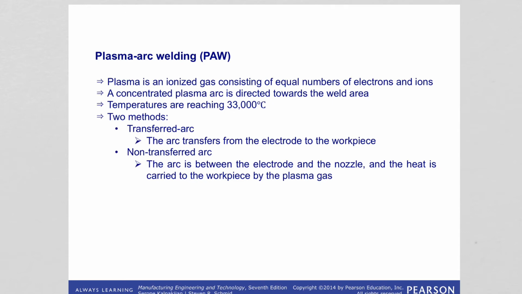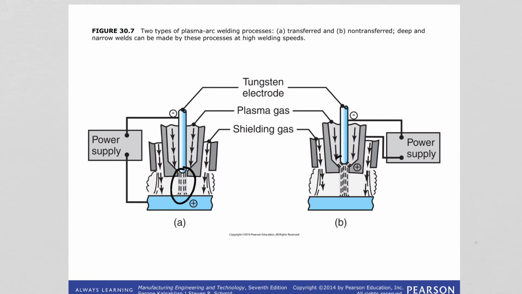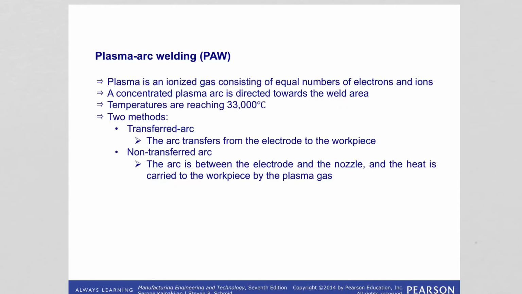In this case, the arc is between the electrode and the nozzle, and the heat is carried to the workpiece by plasma gas. So it is between the nozzle and the electrode here, and this one is between the workpiece and the electrode, and this one is transferred by the gas to the workpiece. So that's the difference.